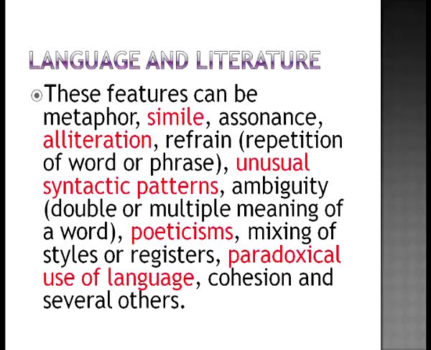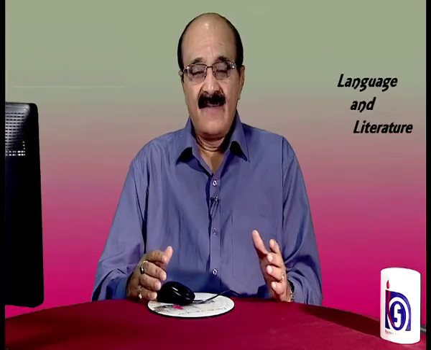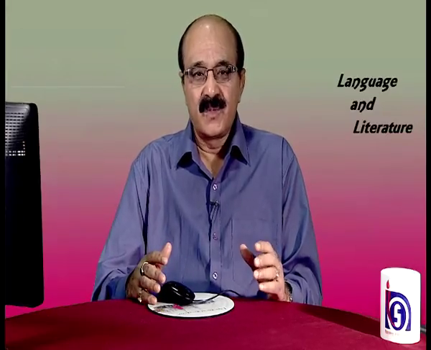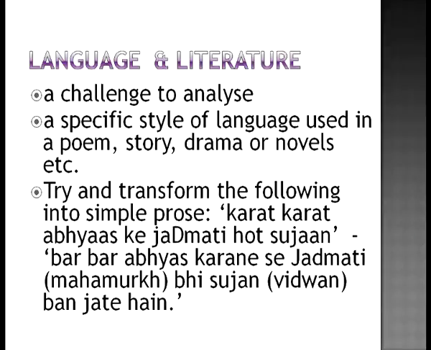Then poeticism is there, mixing of styles or registers, paradoxical use of language, cohesion, and several other things. This use poses a challenge to analyze a specific style of language used in a poem, a story, a drama, or a novel.